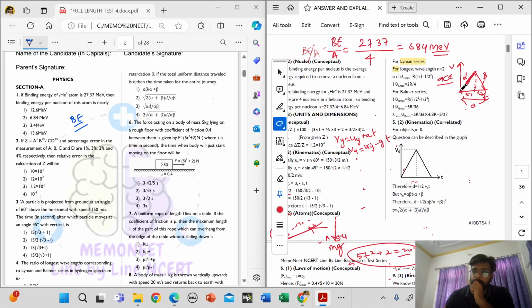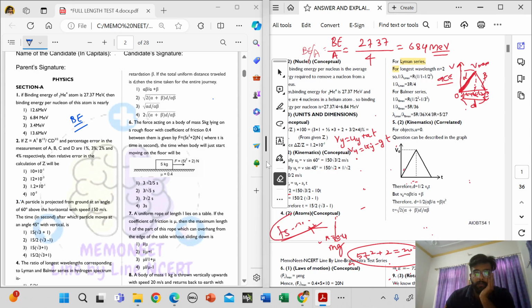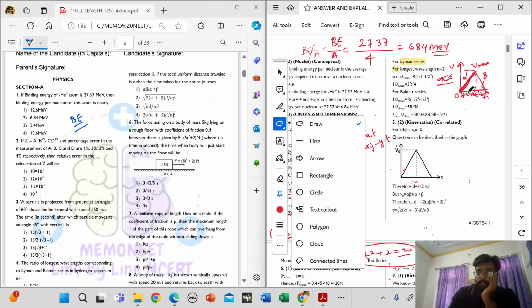Here is v maximum, this is 0, and the distance d is the area under this graph.